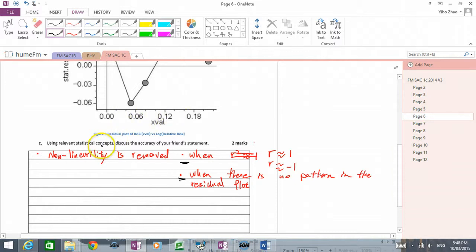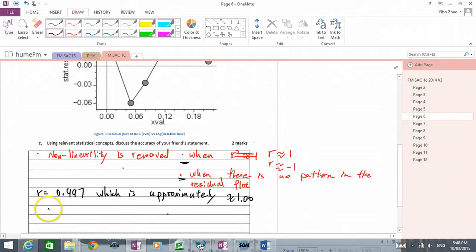So in this case, my R value is 0.997, which is approximately, or very close, approximately 1.00. It's very close.